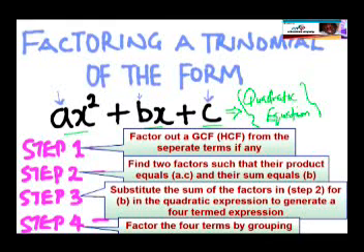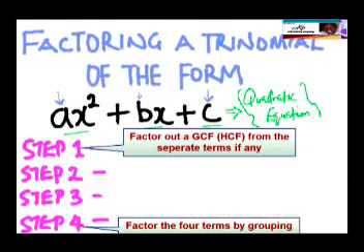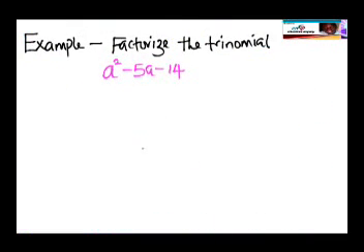Now we're going to look at a couple of examples here. The first example says a squared minus 5a minus 14. If we apply the first step here, we'll find out there is no GCF. There is no highest common factor, no common factor between these terms. So my a here is 1.